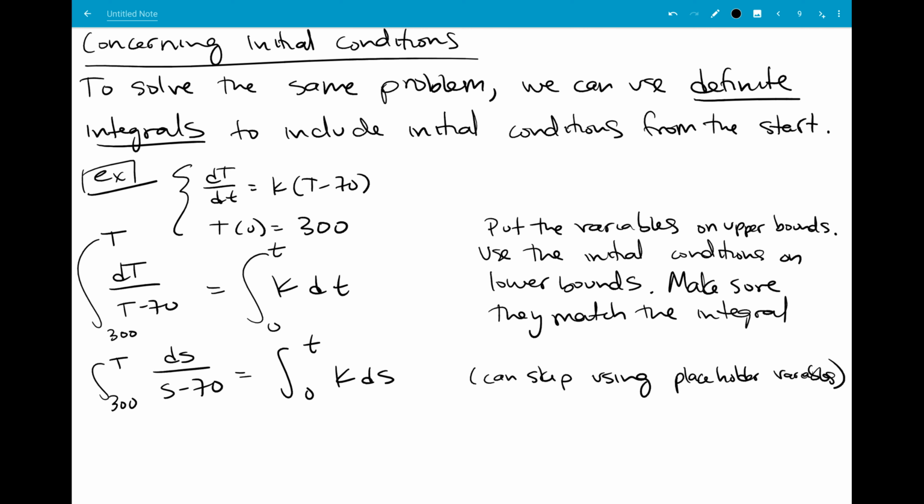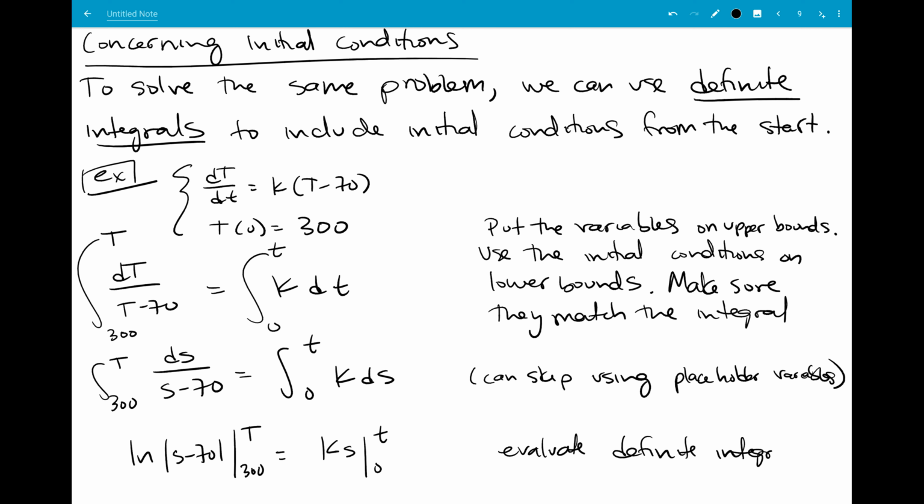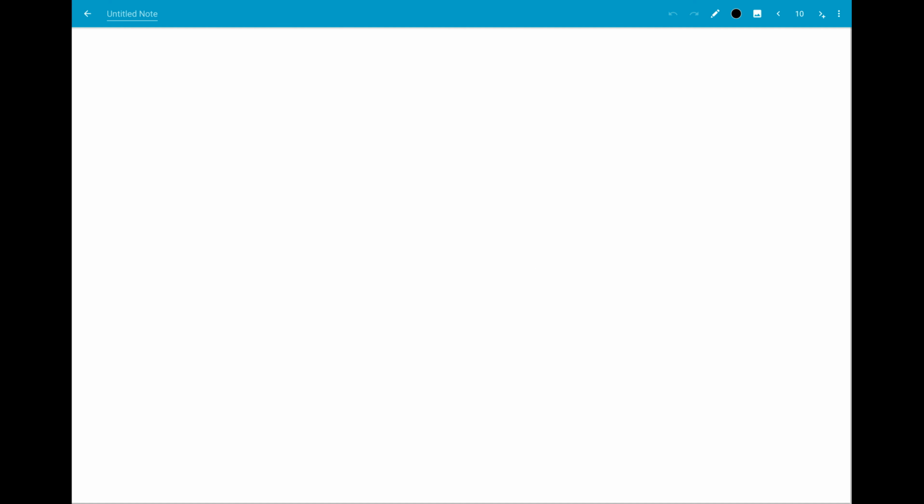And then from here, you just solve it. So I've got the natural log of (s minus 70) evaluated from 300 to T is equal to k times s evaluated from 0 to t. That's evaluating the definite integral. We're going to continue that.